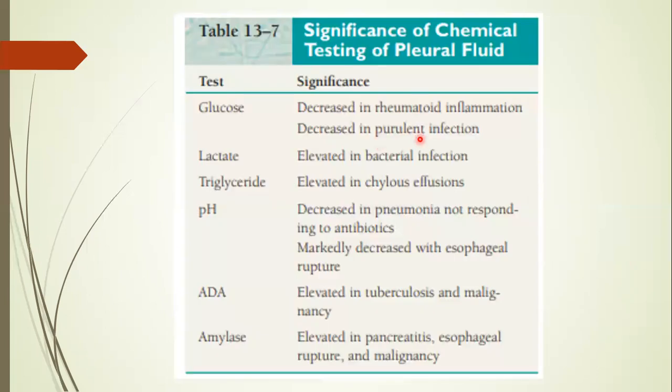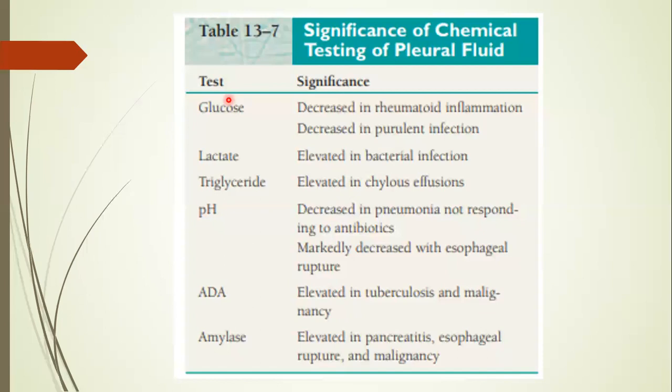So these are the specific chemical tests usually done for pleural fluid. We have glucose, lactate, triglyceride, pH, ADA, and amylase. Again, increased ADA of more than 40 plus lymphocytosis is associated with TB, and also malignancies. That's why you run several tests.